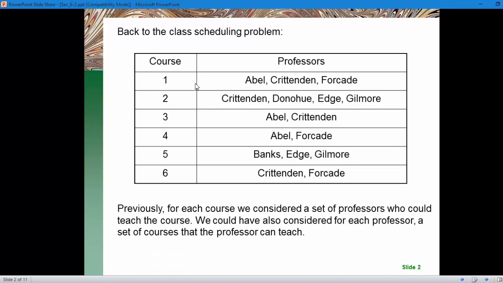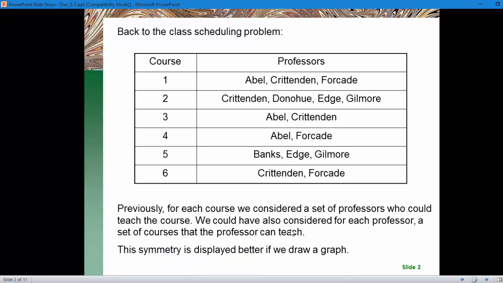Also, another remark is that previously we were able to model the problem by creating sets, a set for each course, but we can also create sets for each professor. For each professor, let's say set A would have specific courses that Professor A would be able to teach. So we could have done that too.